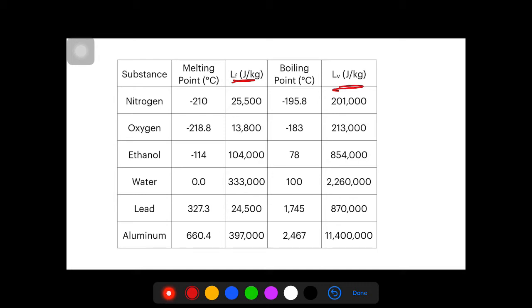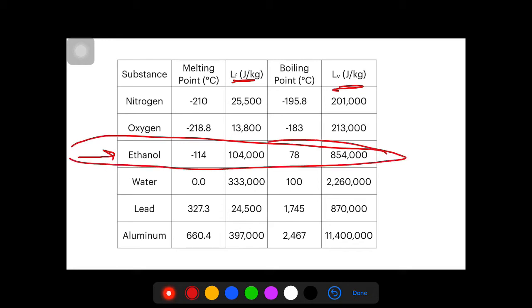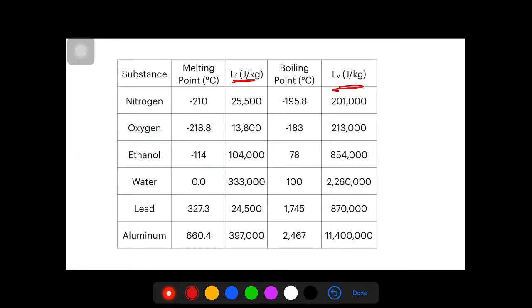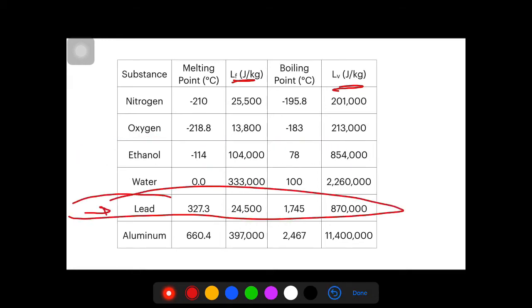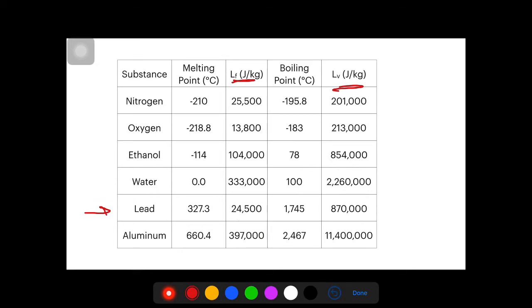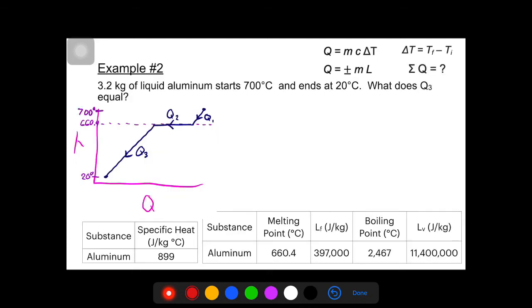So these are tables that you have to reference. And the idea is, oh, I'm looking at ethanol, so I'm looking at this column, or I am looking at lead, so therefore I'm looking at this row. Pardon me, I said column, I meant row. So these are just tables, and I have no expectations for memorization of any of this.